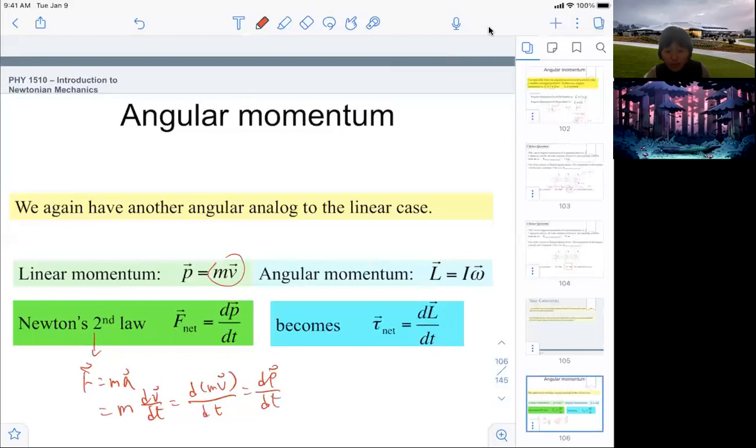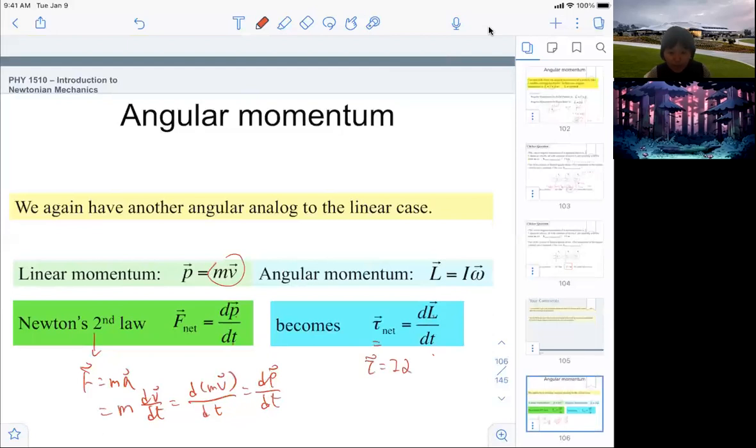And now what does it become? Force becomes torque, t is still t, time is still time. Linear momentum becomes angular momentum. So it's dL over dt. Now we have a new Newton's second law for rotation: torque equals dL over dt, which is equivalent to I alpha.